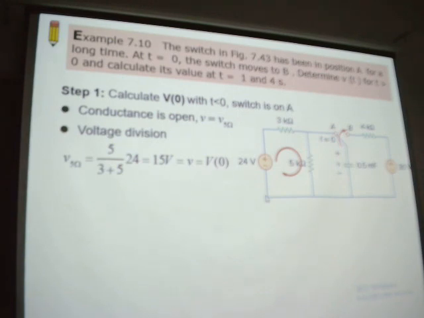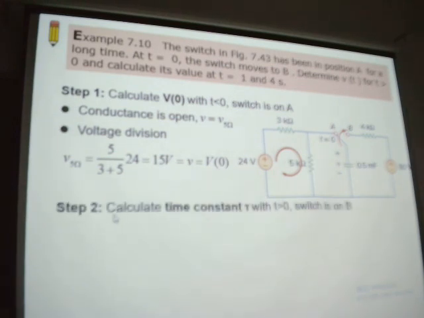The voltage here is equal to the 5 over the sum of the resistances, times the total voltage. So we get our V is equal to 15 volts. That is our V(0).